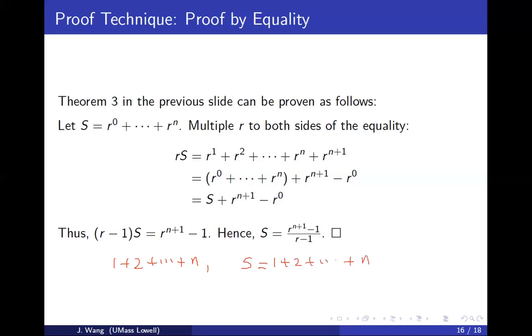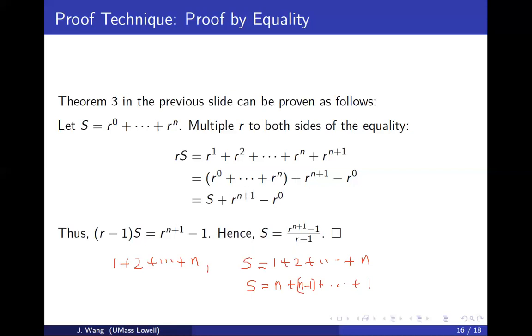So this S is what we want to find. And then the summation you can write in reverse, so this is still the same: it's n plus n minus 1 plus ... plus 1.